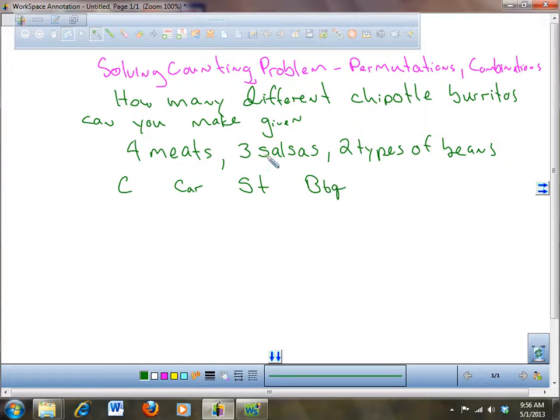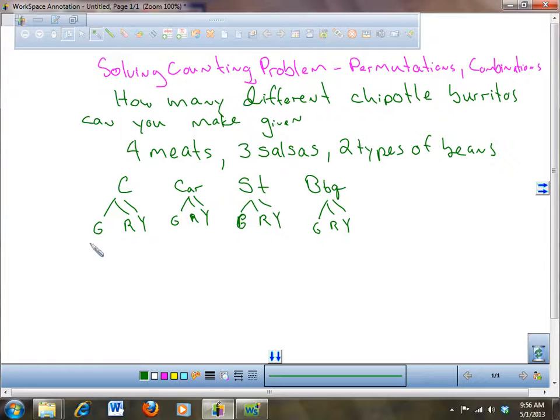And then 3 sauces. So you could get green, red, or yellow, right? There's actually 4 sauces, aren't there? Anyway, let's just say green, red, or yellow. You don't have to write this down.